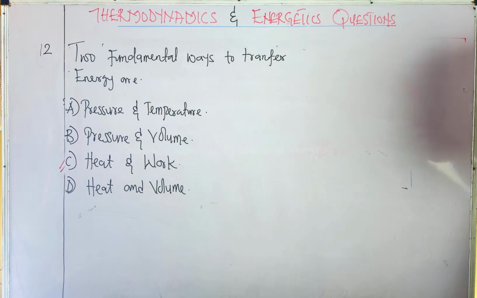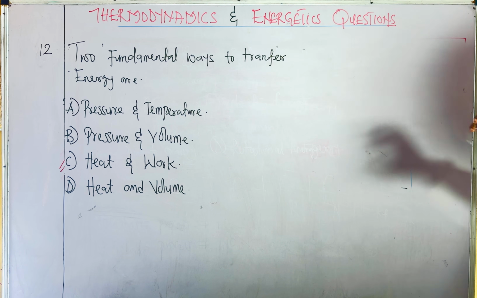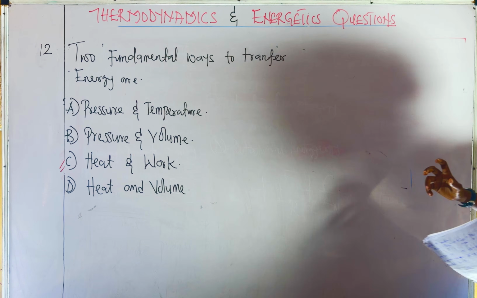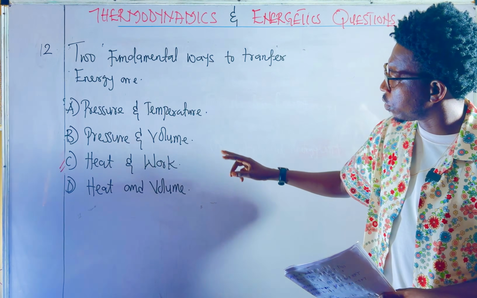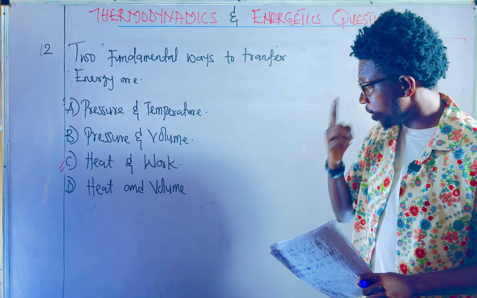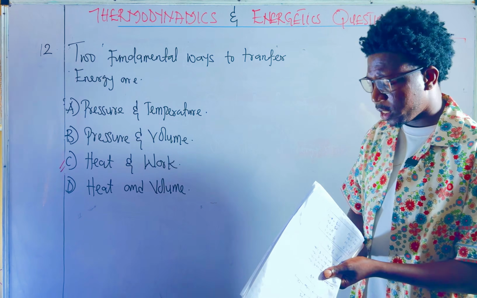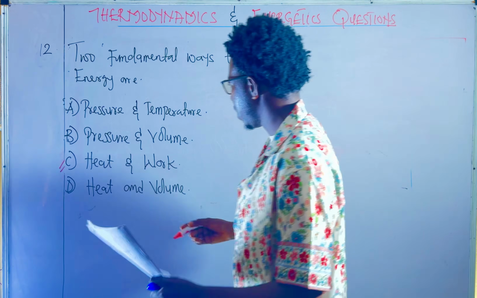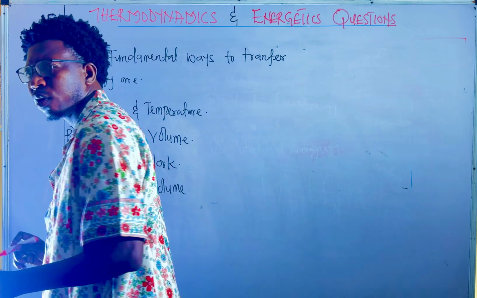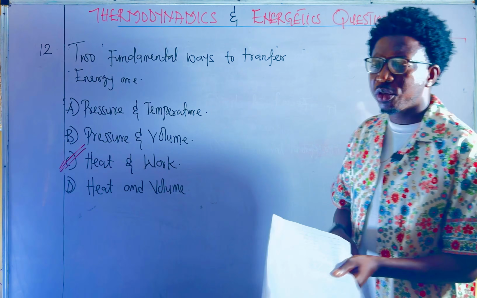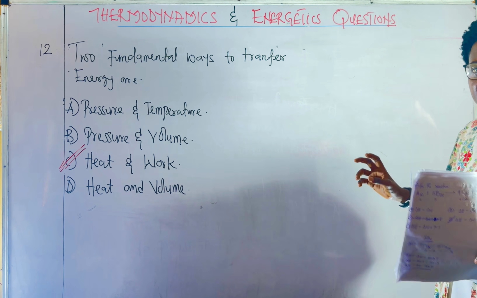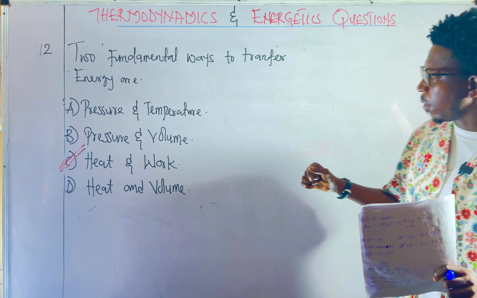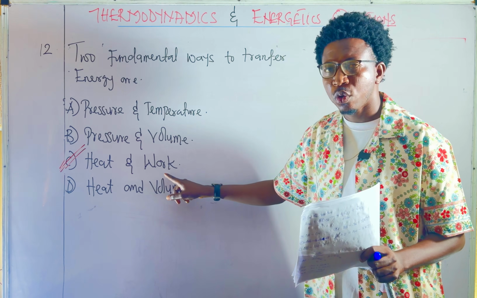Now, the question is, two fundamental ways to transfer energy are. First of all, you should know that the answer is not pressure and temperature, not pressure and volume, not heat and volume. The answer is heat and work. Energy is transferred in and out of a system in two fundamental ways, as heat and as work.